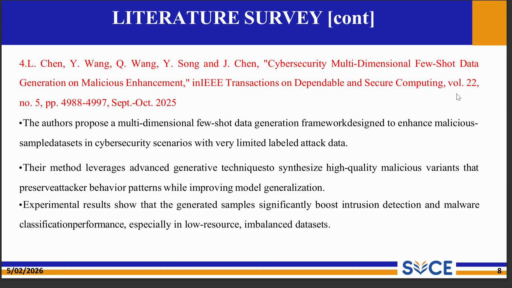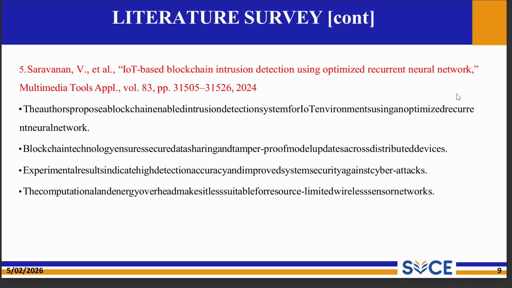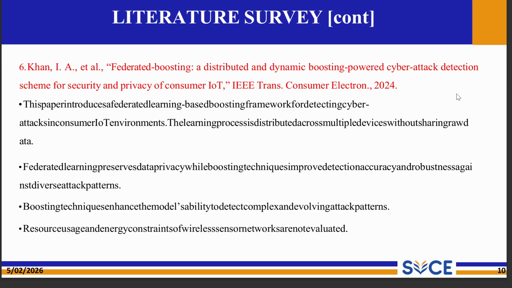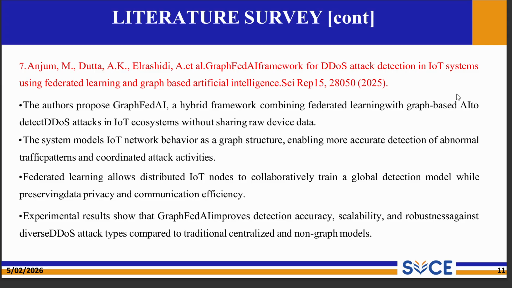Paper 4 proposed multidimensional few-shot data generation to synthesize high-quality malicious variants, significantly boosting intrusion detection performance in low-resource datasets. Papers 5 and 6 explored blockchain-based and federated learning-based intrusion detection for IoT environments, offering strong detection accuracy but limited to specific device ecosystems.